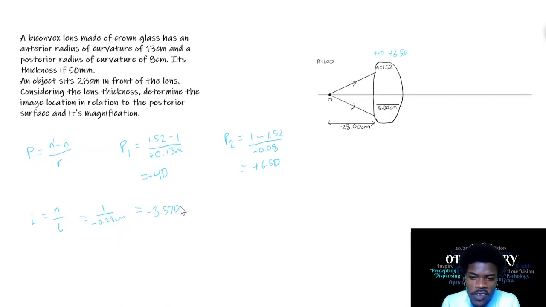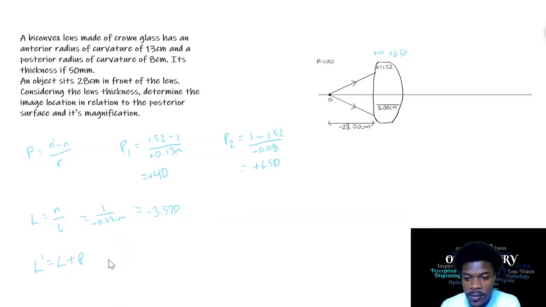And since we have our object vergence, we can use this and our power that we have for that first surface to calculate our image vergence. And guys, the formula for this, remember again, we just went through it. L prime is equal to L plus P. So when we restructure this, actually we don't need to restructure. We just plug in the values here.